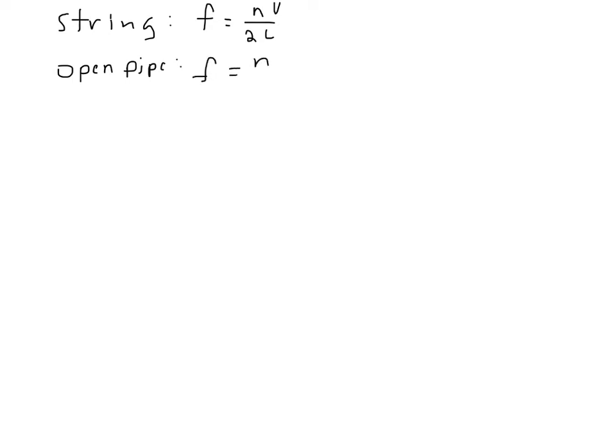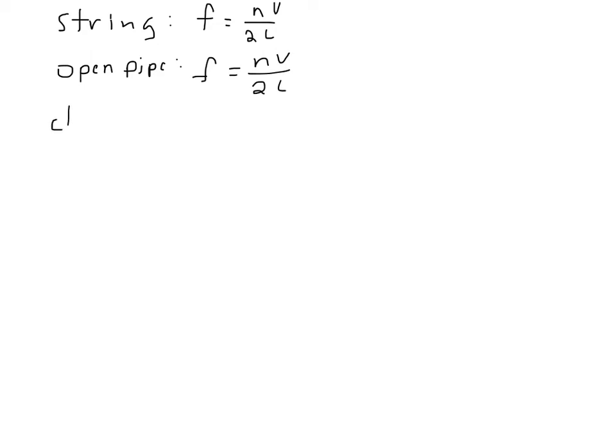So for a string, our equation is going to be F equals NV over 2L. And the variables will essentially be the same for all these, so I'll do them all first. For an open pipe, it gives me the same equation, F equals NV over 2L.